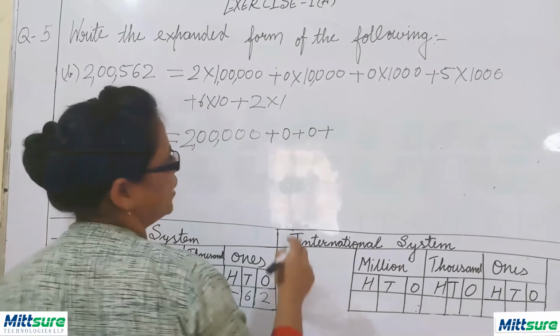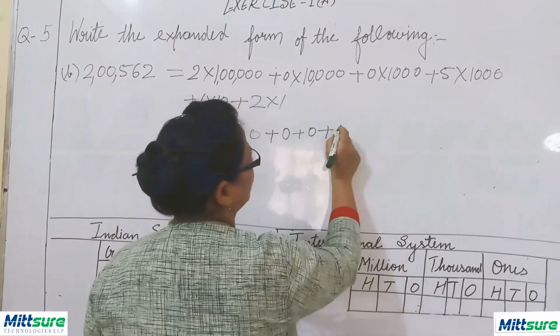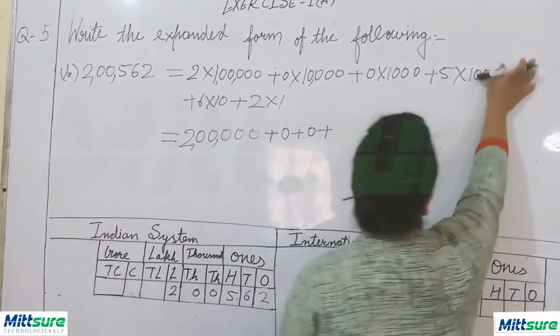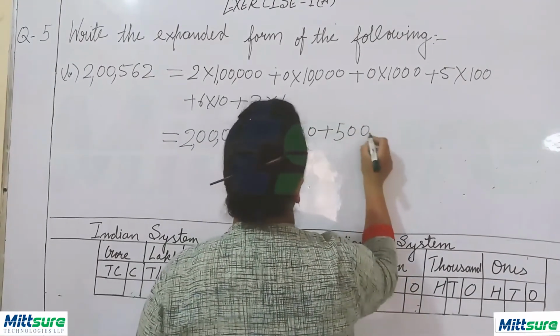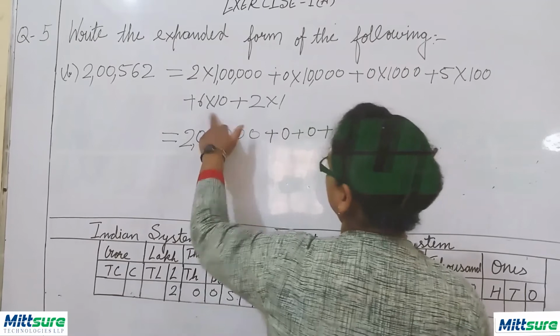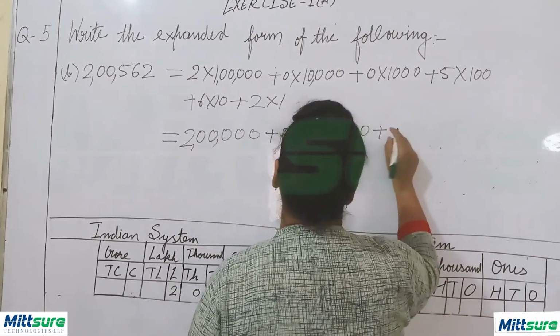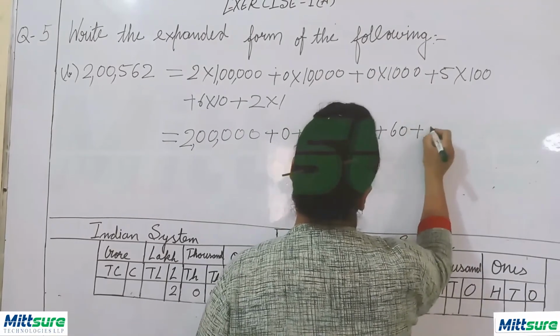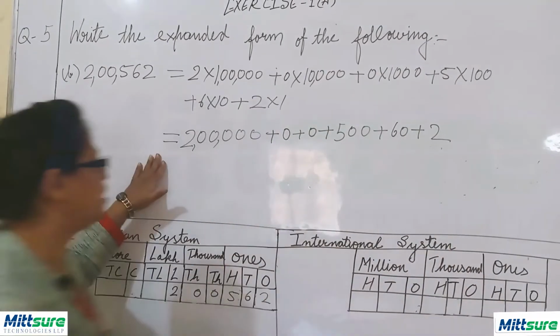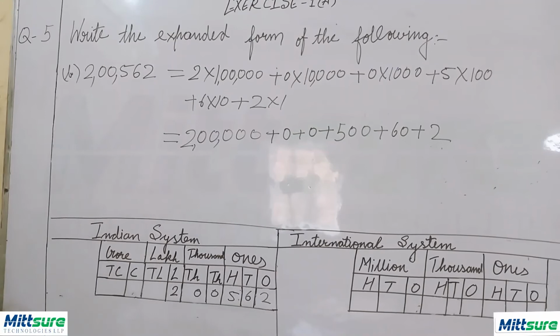Plus 5 multiplied by 100, that will be 500. And 6 multiplied by 10 will be 60 plus 2. This is the expanded form of 2,00,562.